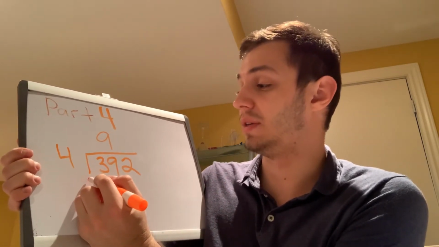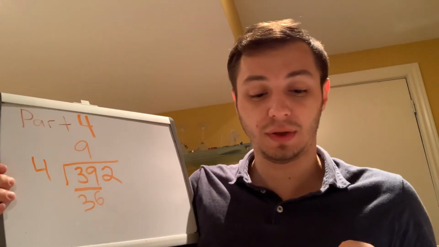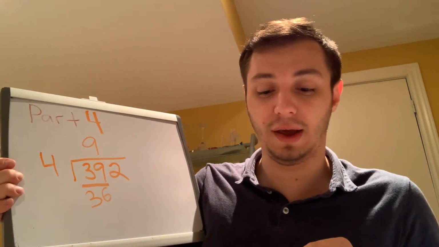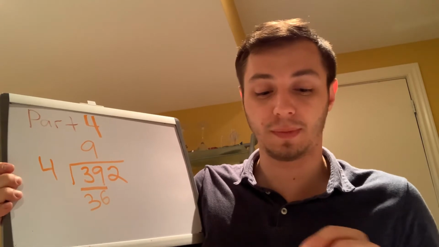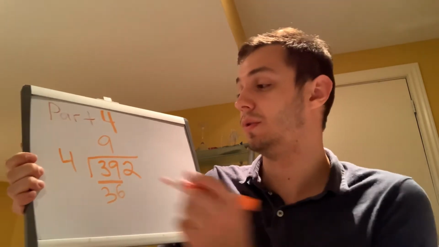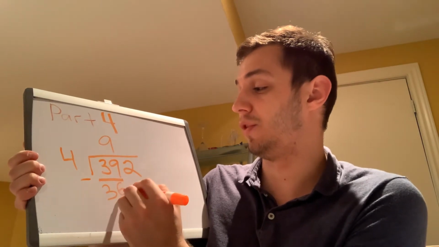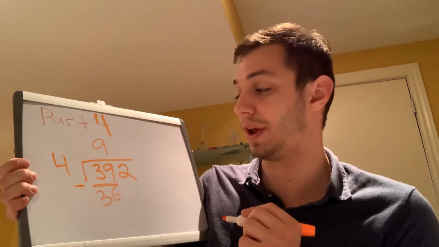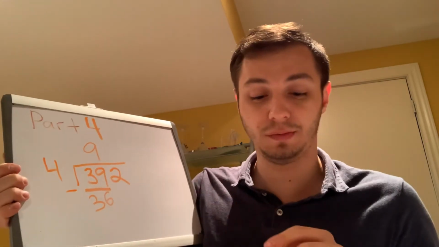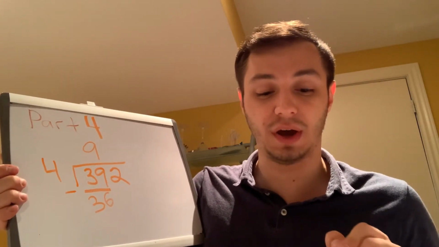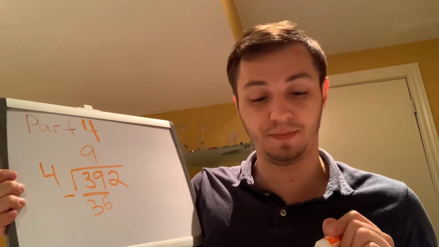So now what we have to do is subtract. The difference between 39 and 36 is 3. That's the remainder. What we want to do is carry the remainder and write it in front of the next digit.